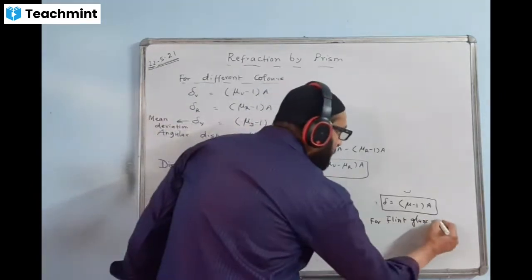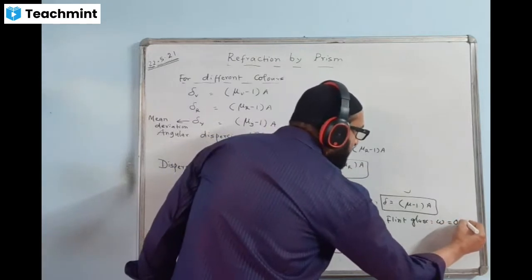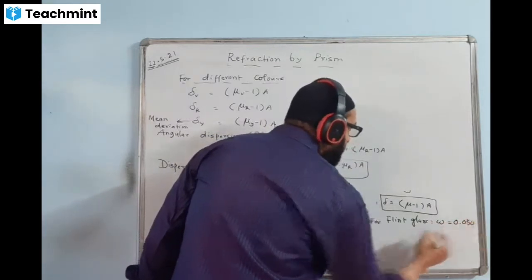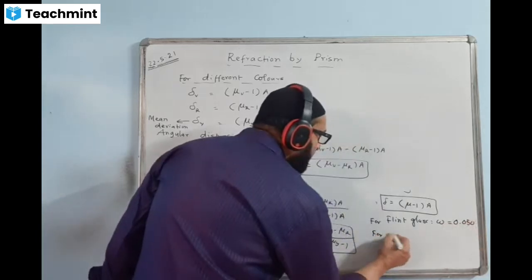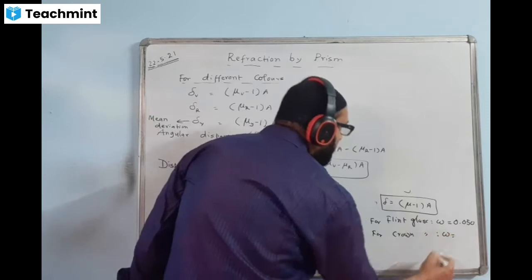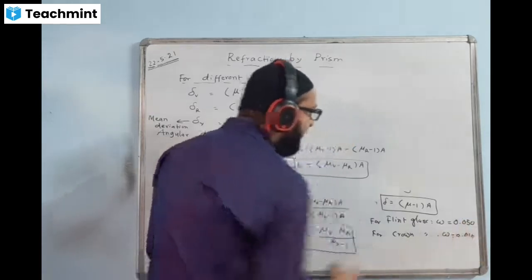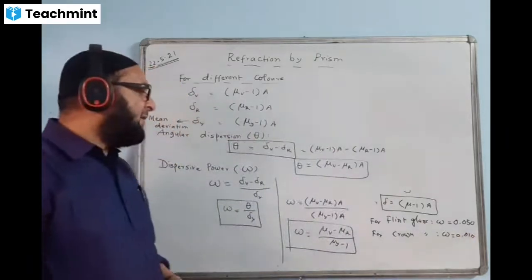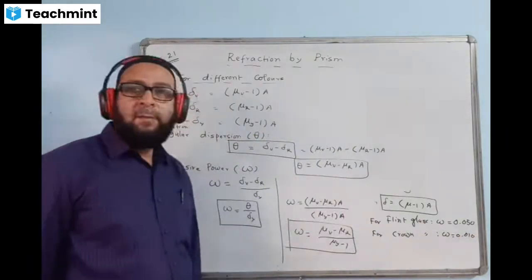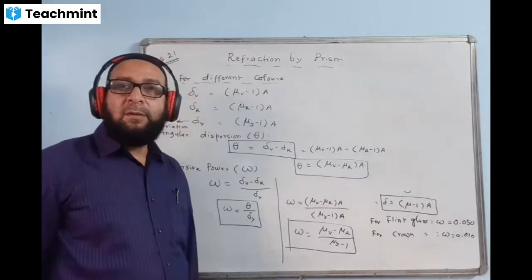For flint glass, omega value is 0.050, and for crown glass, omega value is 0.010. 50 and 10. Which has the greater value? Flint. Crown glass has a smaller value of dispersive power.